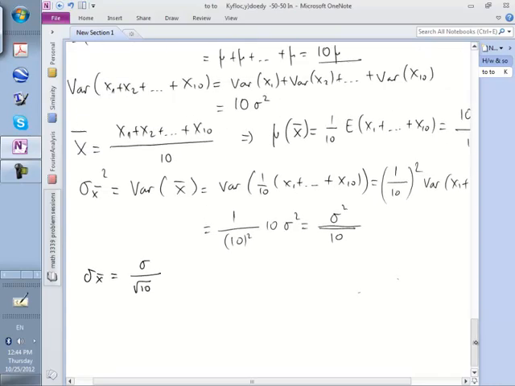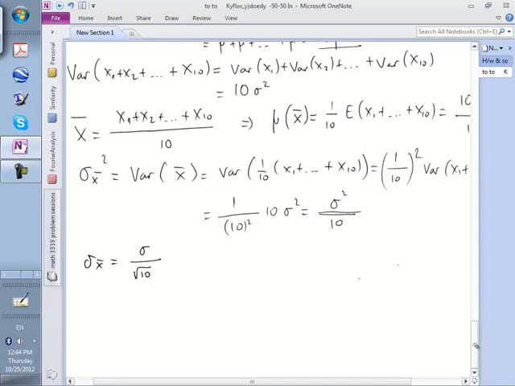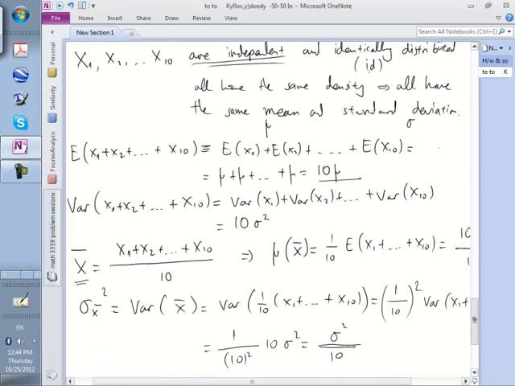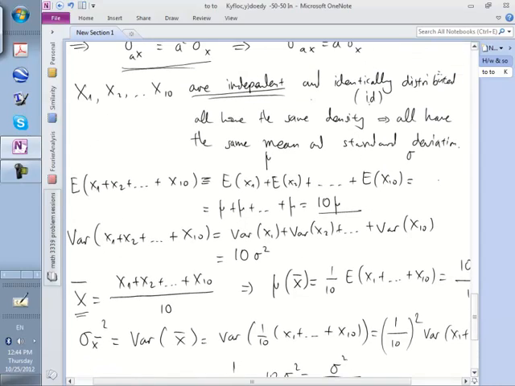And here is an important property of what we call the arithmetic mean of a number of random variables which all have the same distribution. This is also called the sample average. So X bar is called the sample average. And what is a random sample? A set of independent, identically distributed random variables is called a random sample.